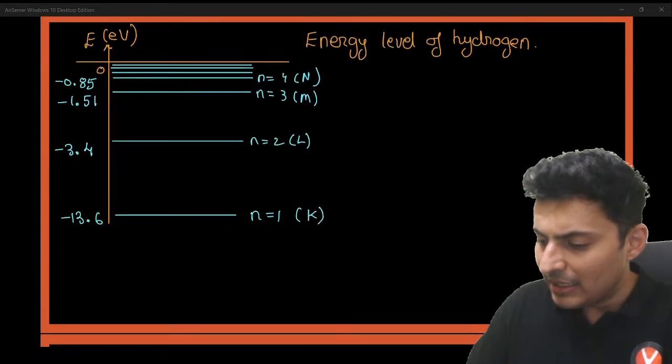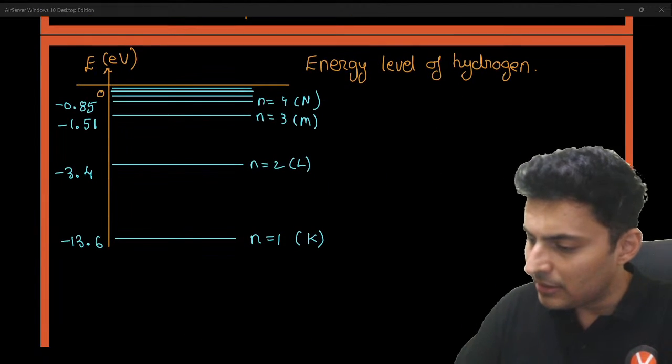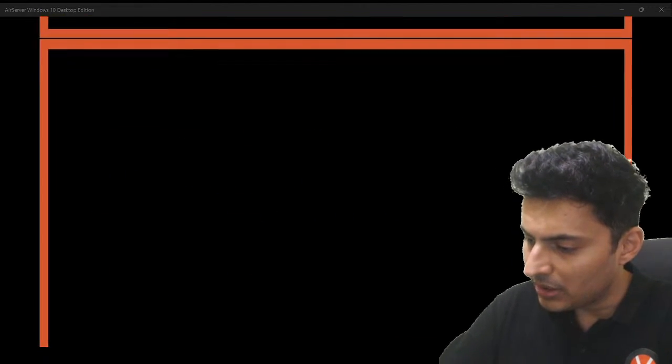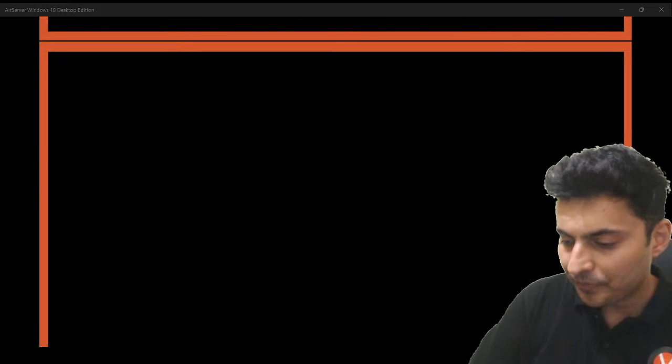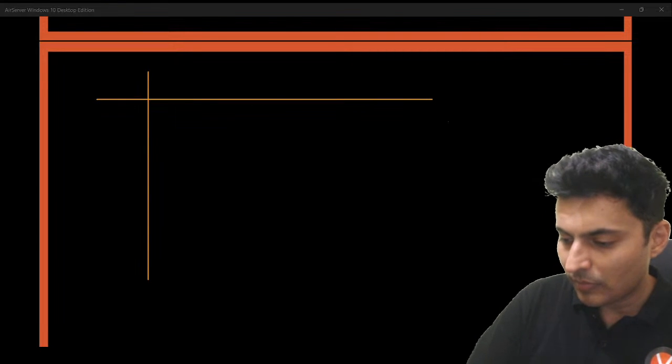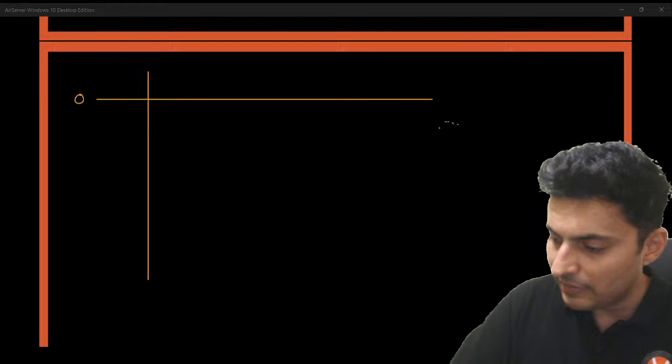Okay. Now, with regards to atomic spectra, let's see if I can copy this particular chart, or else I'll just redraw it. So this is your zero energy level.